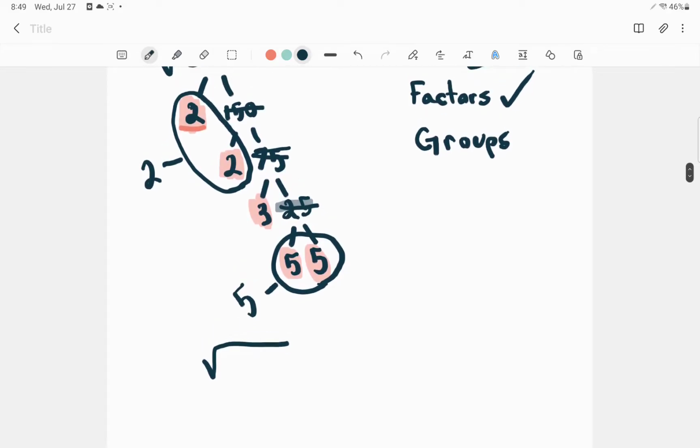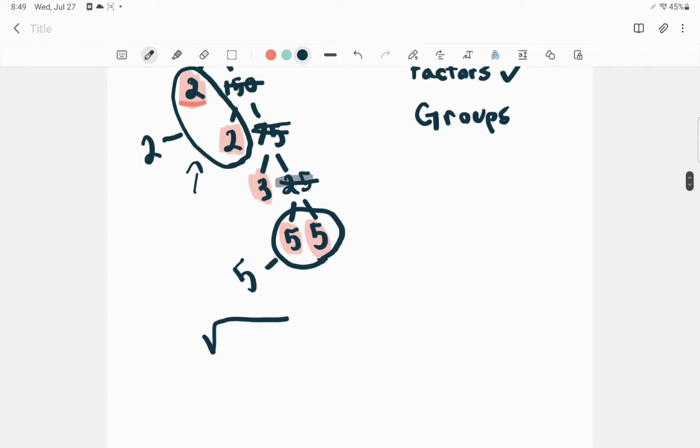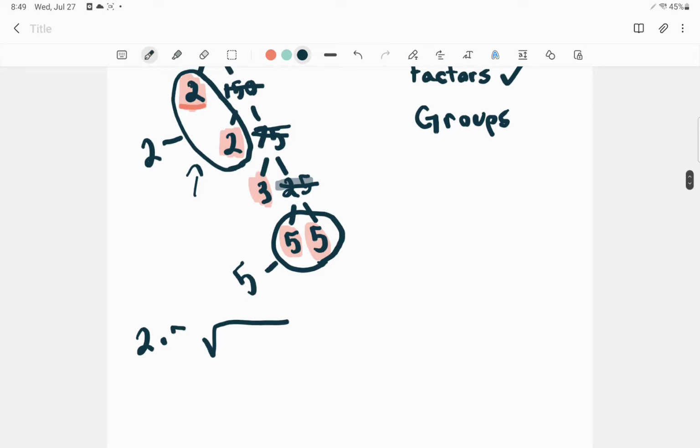Now, every time that you find a grouping, you're going to grab only one. Okay? Whenever you find a grouping, you can only take out one of the numbers. So that means I'm going to be taking out a 2, and I'm going to be taking out a 5. So on the outside, if you take multiple numbers, you're going to have to multiply.